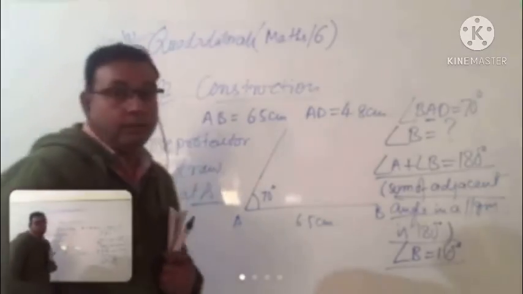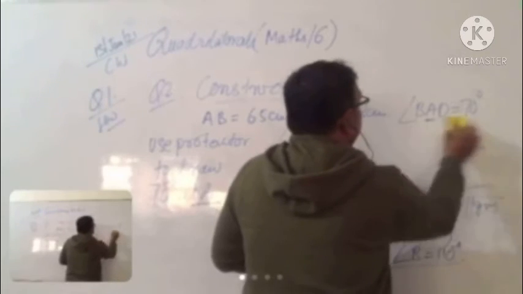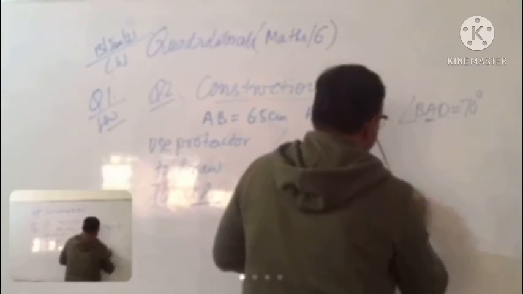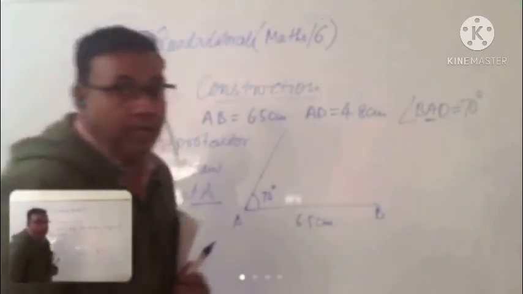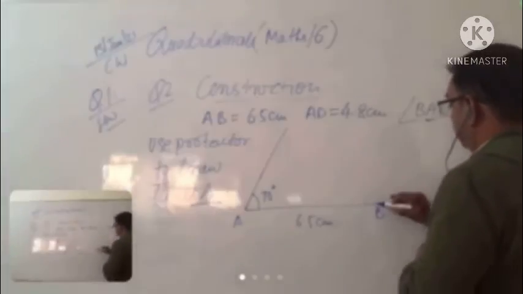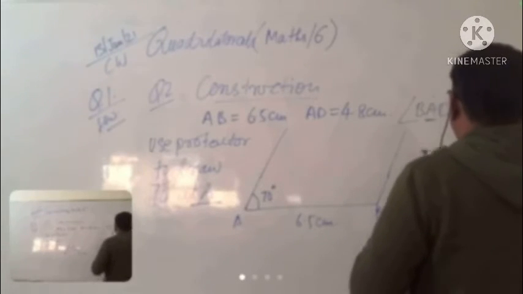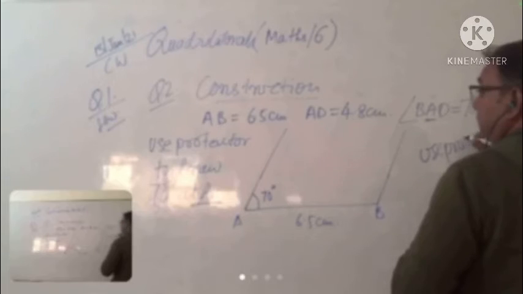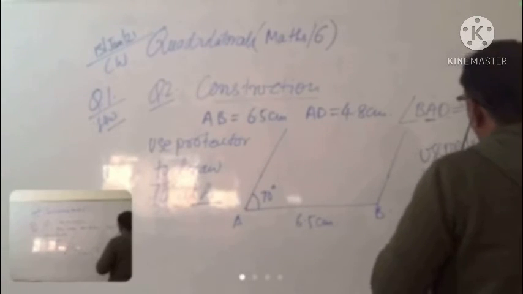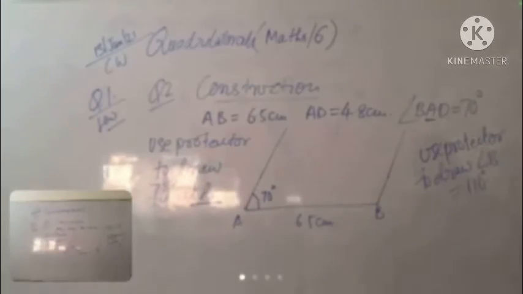So angle B is equal to 110 degrees. Now place a protractor at angle B and measure 110 degrees. Use the protractor to draw angle B equal to 110 degrees.